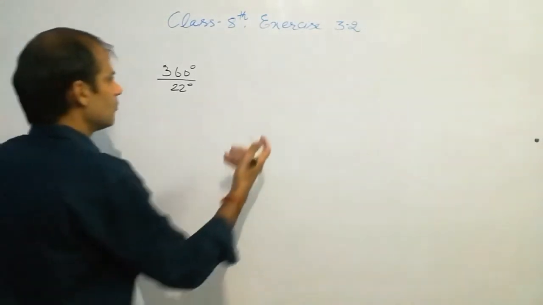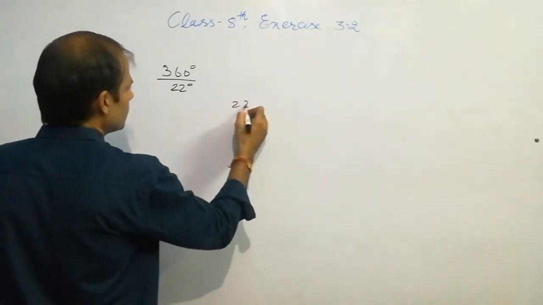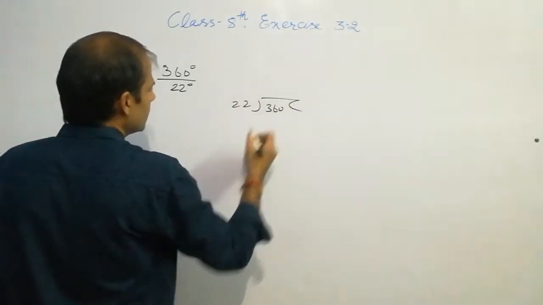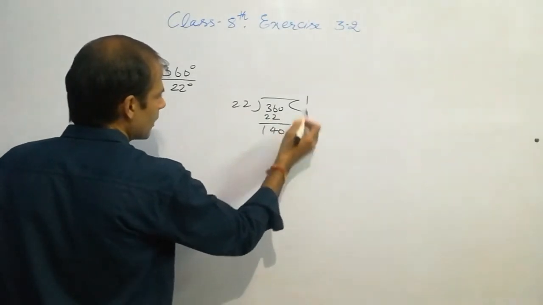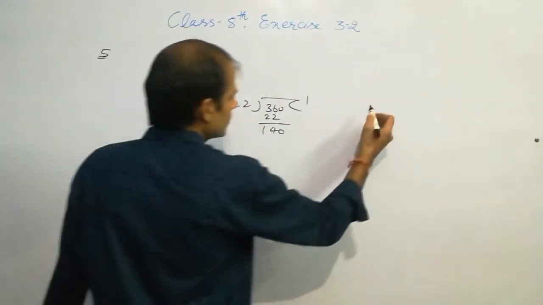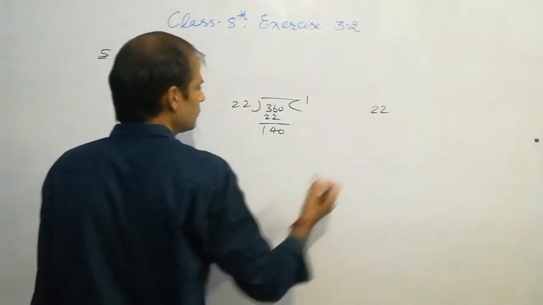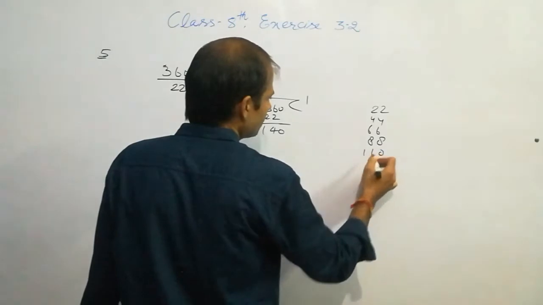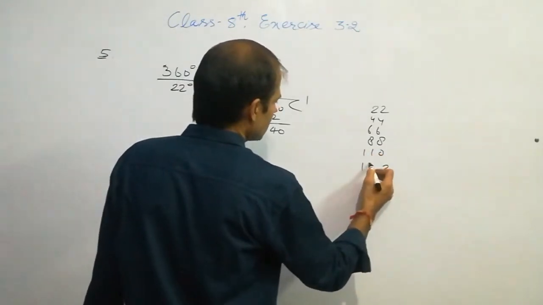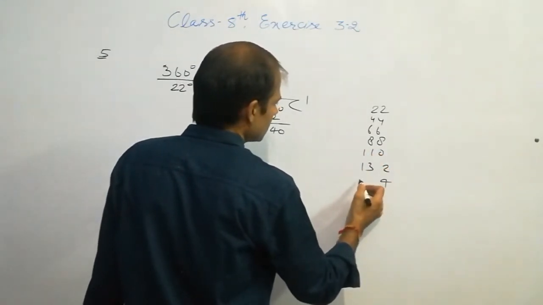So with the division you can check: 22 once is 22, remainder is 14. Again try with the table of 22, it is 88 and 110. Then it is 32, then it is 54.